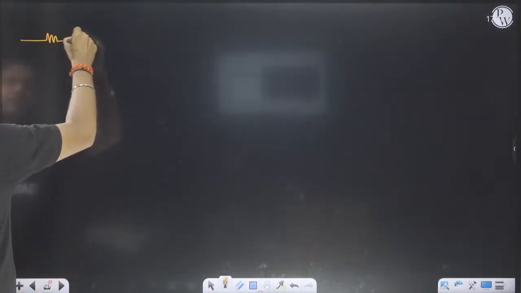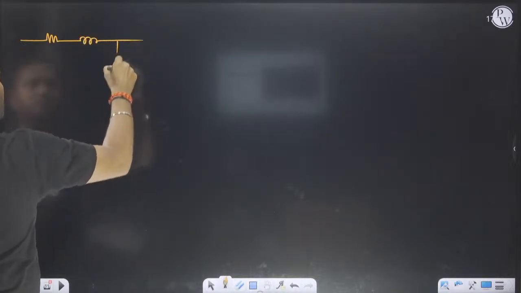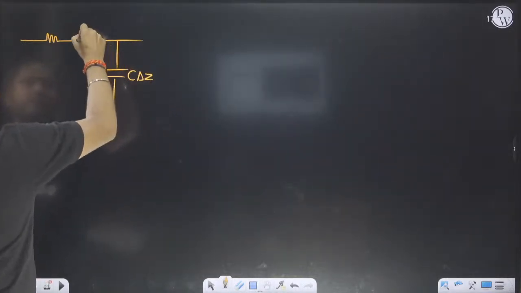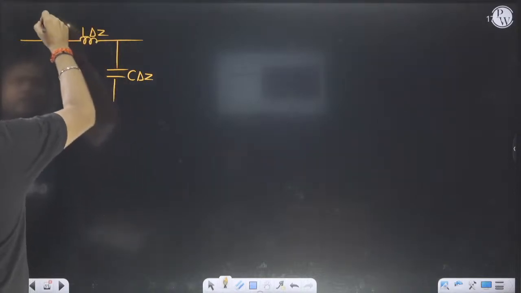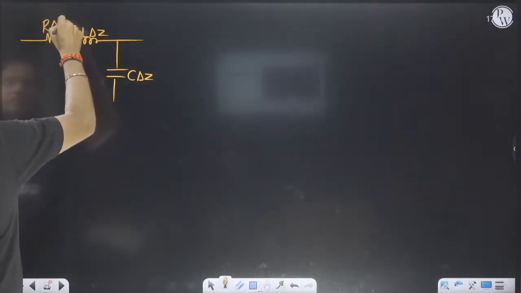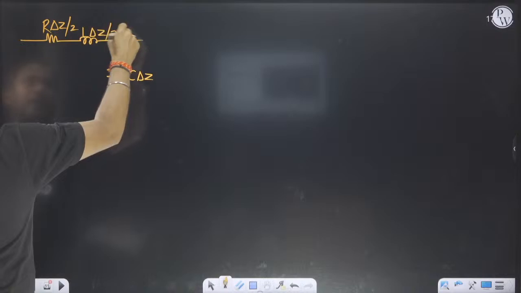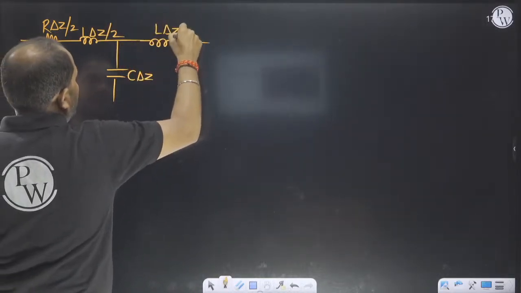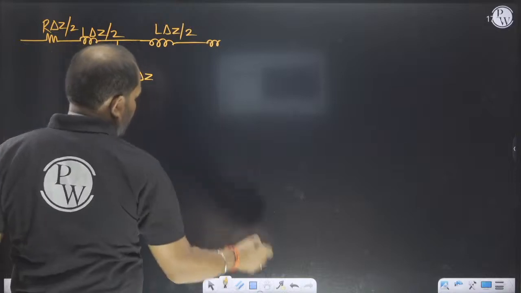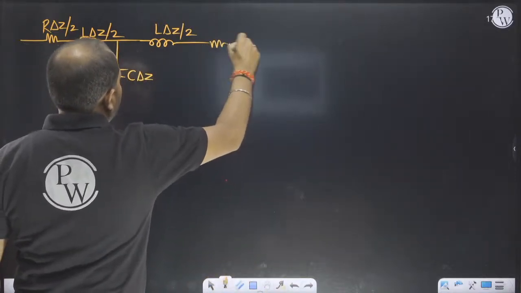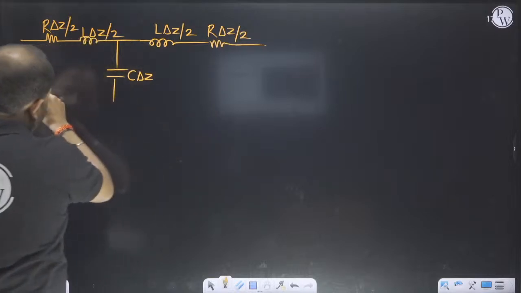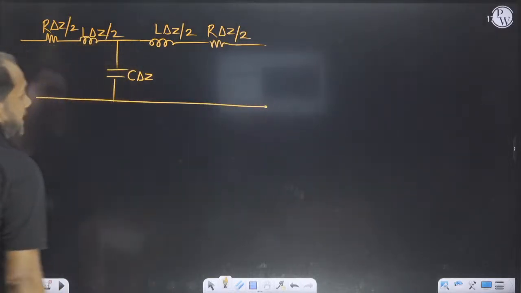In case of T network, we have R, L, but G is 0, so only C will be there. C into delta Z, L into delta Z, and R into delta Z, with R by 2, L by 2, so L into delta Z divided by 2, R into delta Z divided by 2. Now, this is the circuit for pi network.